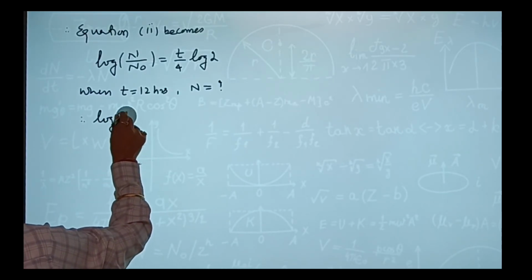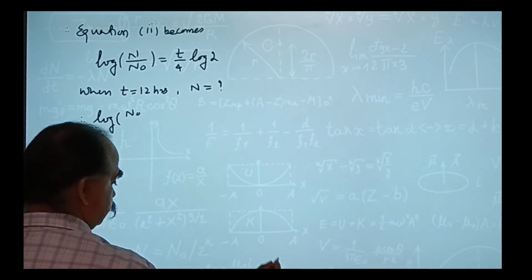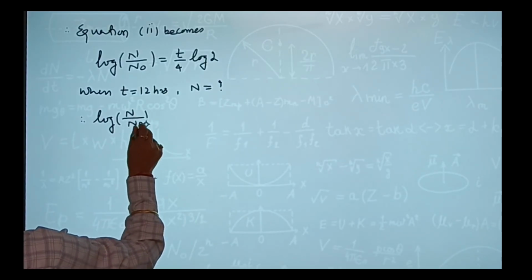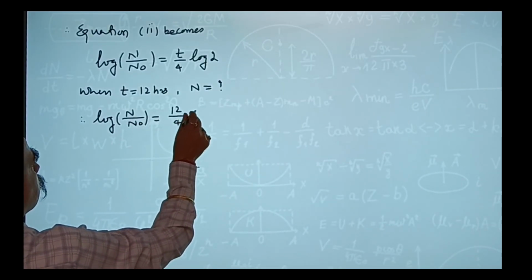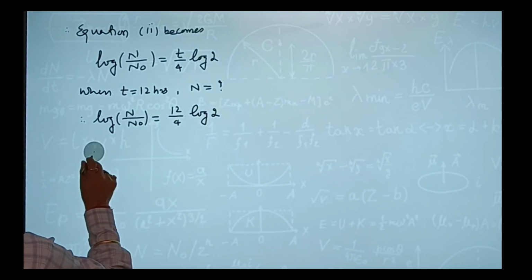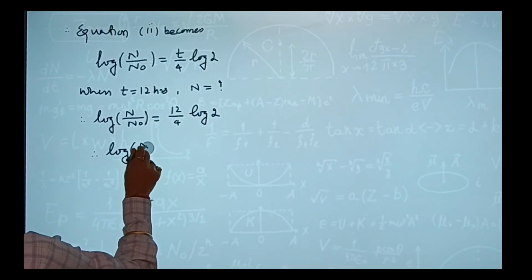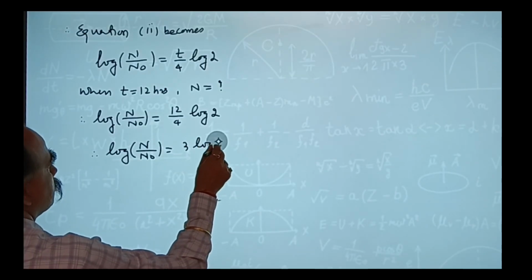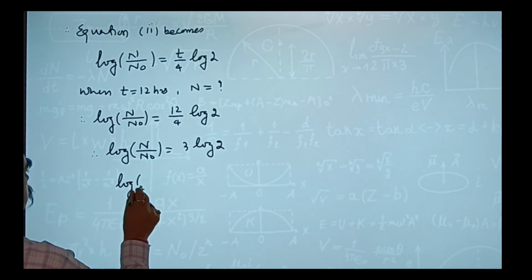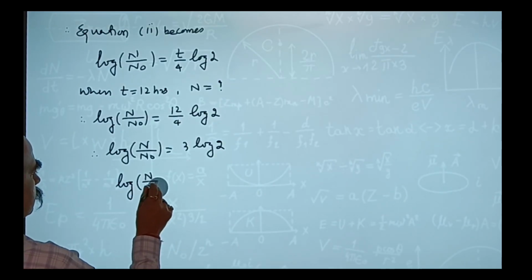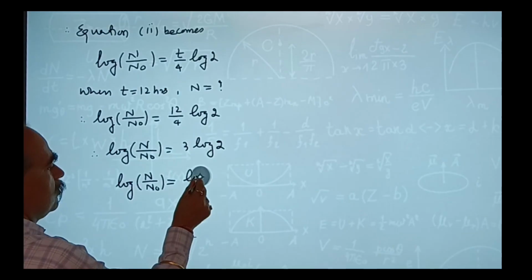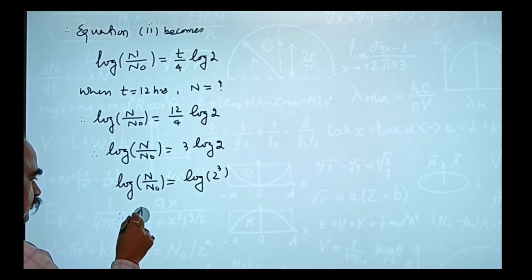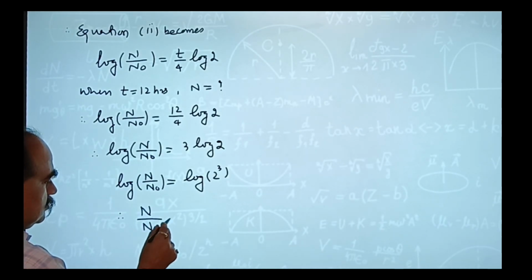Log n upon n0 is 12 by 4 log 2, so log n upon n0 is 3 log 2, which is log of 2 cube. So n upon n0 is 8.